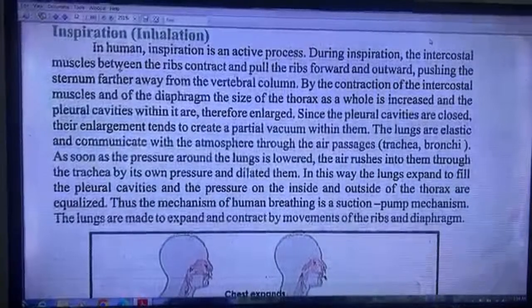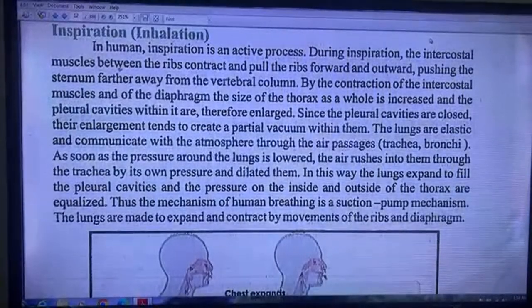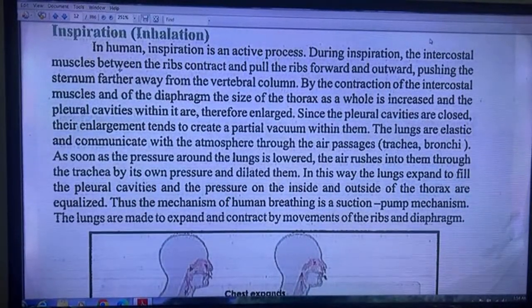By the contraction of the intercostal muscles and of the diaphragm, the size of the thorax as a whole has increased, and the pleural cavities within it are therefore enlarged.